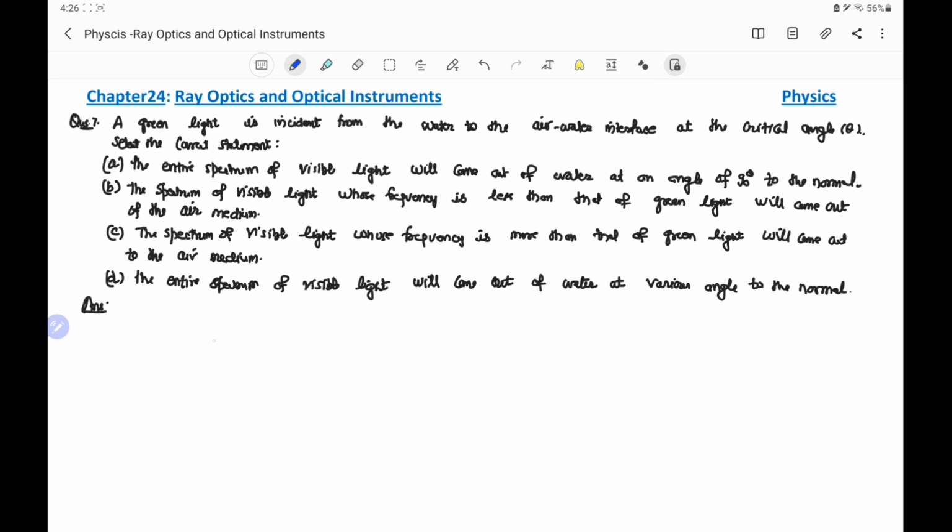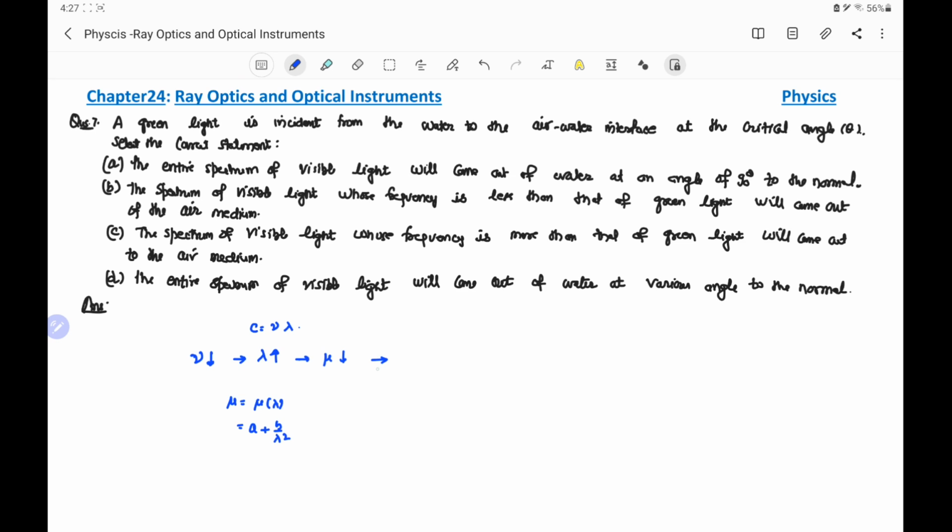We know that speed of light equals frequency times lambda. If we consider that frequency of light is lesser, this implies that wavelength will be higher. Because refractive index depends on wavelength, and it is given by the formula A plus B by λ², if wavelength increases, refractive index will decrease.